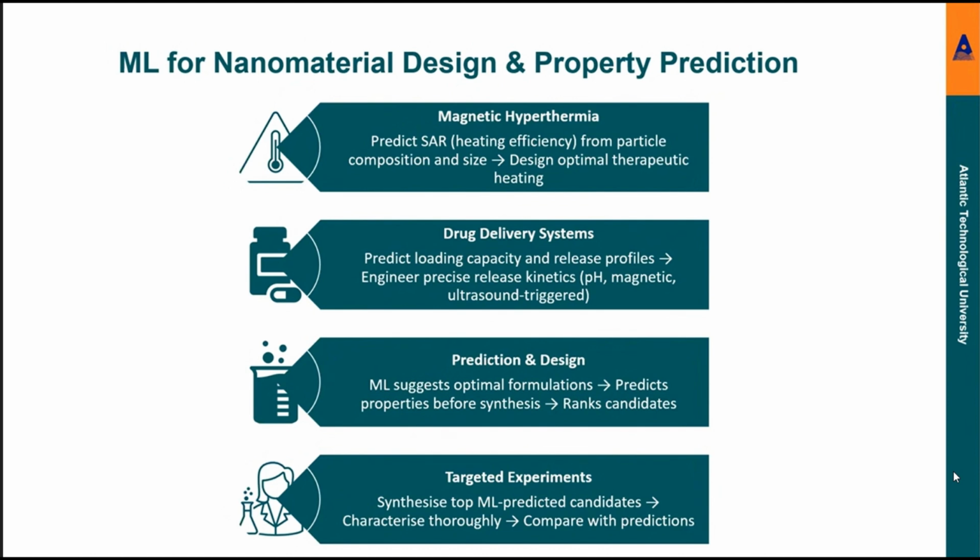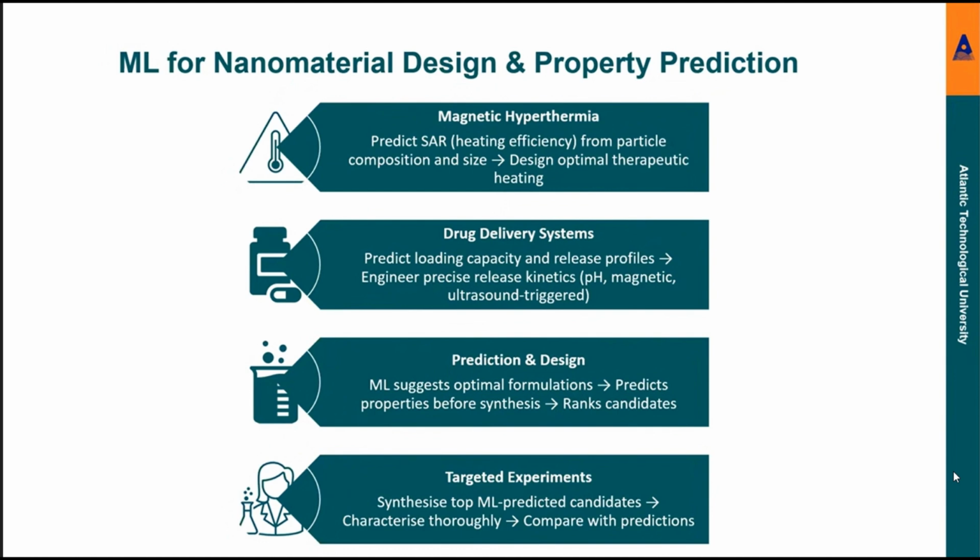Then we can also use machine learning to predict drug delivery systems. We can use it to predict how it's going to react in the body. Machine learning can also help to suggest the optimal formulations. Just like I said, we have these parameters: the size and the shape.